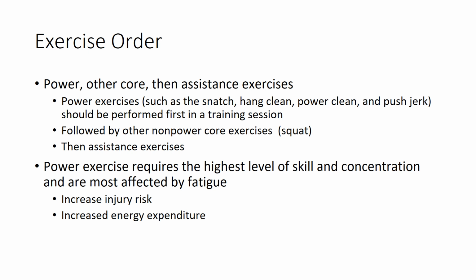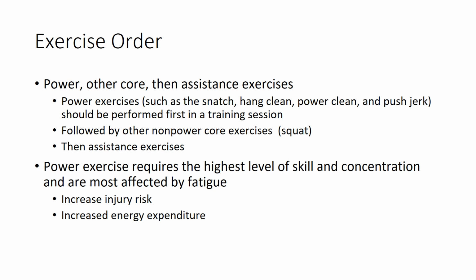So the reason why we want to perform power exercises first is because they require the highest level of skill and concentration of all the exercises and are probably the most affected by fatigue. So if your athlete is becoming fatigued or is fatigued, they are a little bit more prone to using poor technique, and by doing so, they're at a higher risk of injury. So the explosive movements and the extensive muscular involvement of these exercises also require significant energy expenditure.